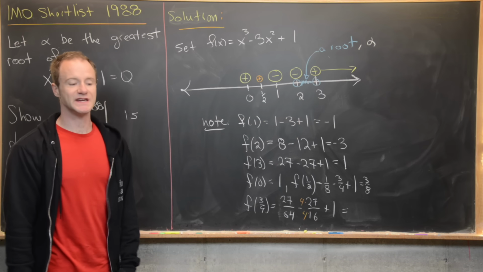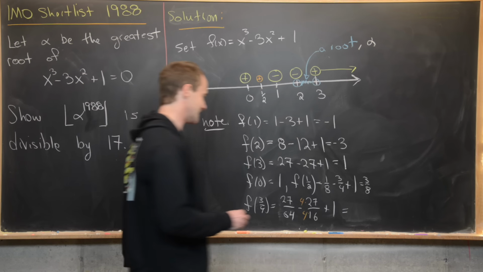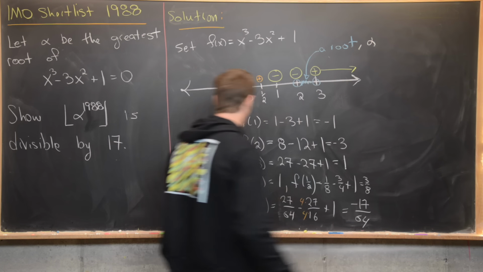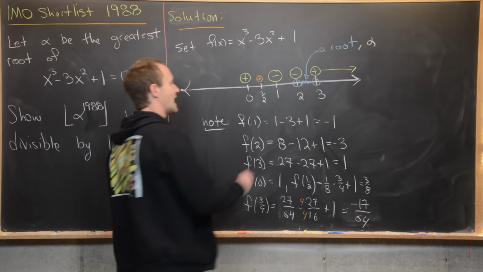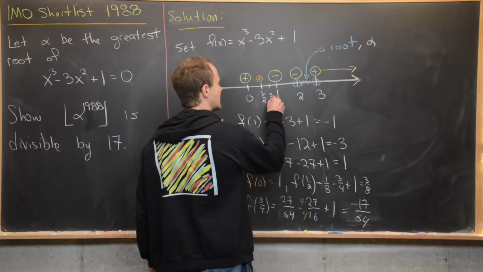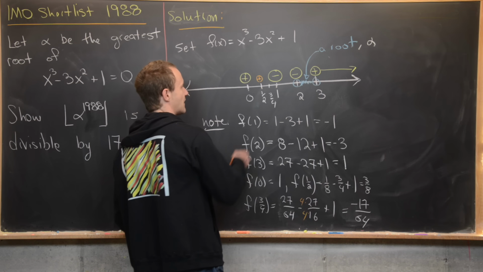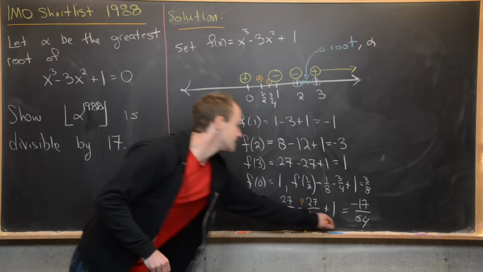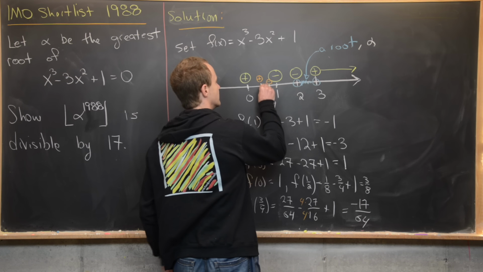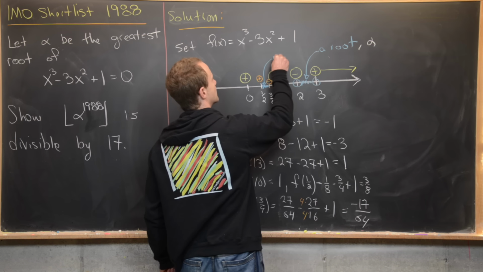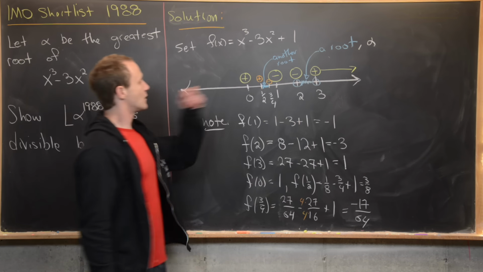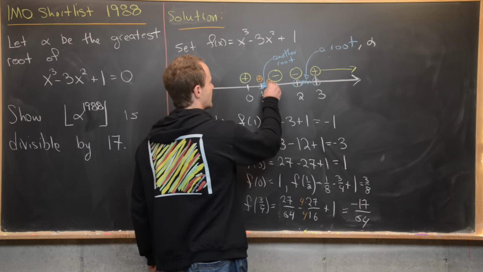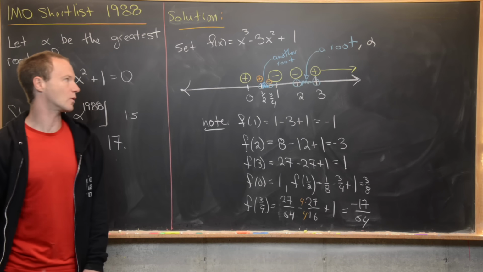That's just a routine calculation, and what you'll end up with is that this is equal to negative 17 over 64. So let's maybe put that in here. Here we have 3/4, and we found out that the function was negative at 3/4, which tells us we've got another root in this spot right here. So let's see what we've got. We've got one root between 2 and 3, another root between 1/2 and 3/4.